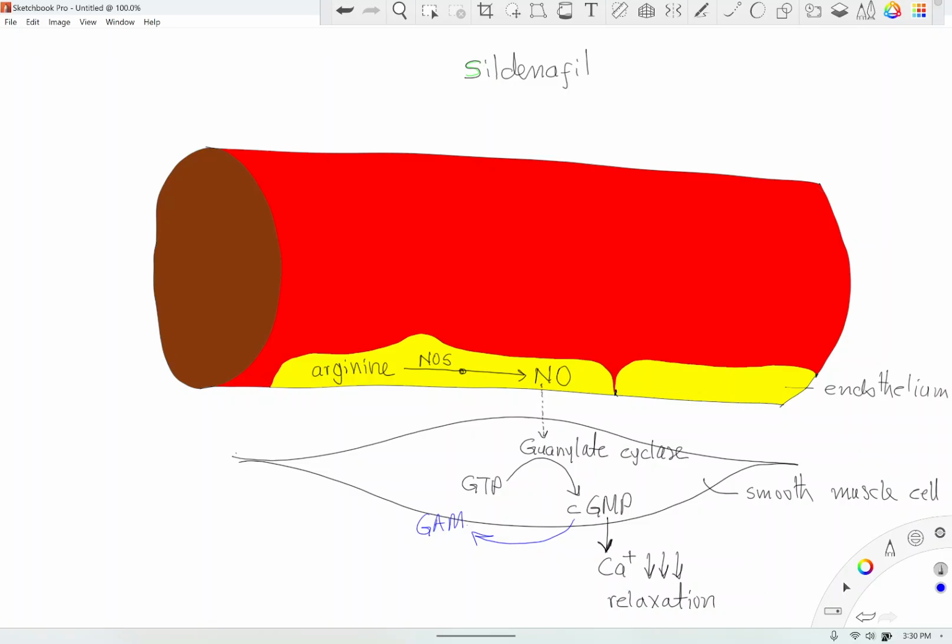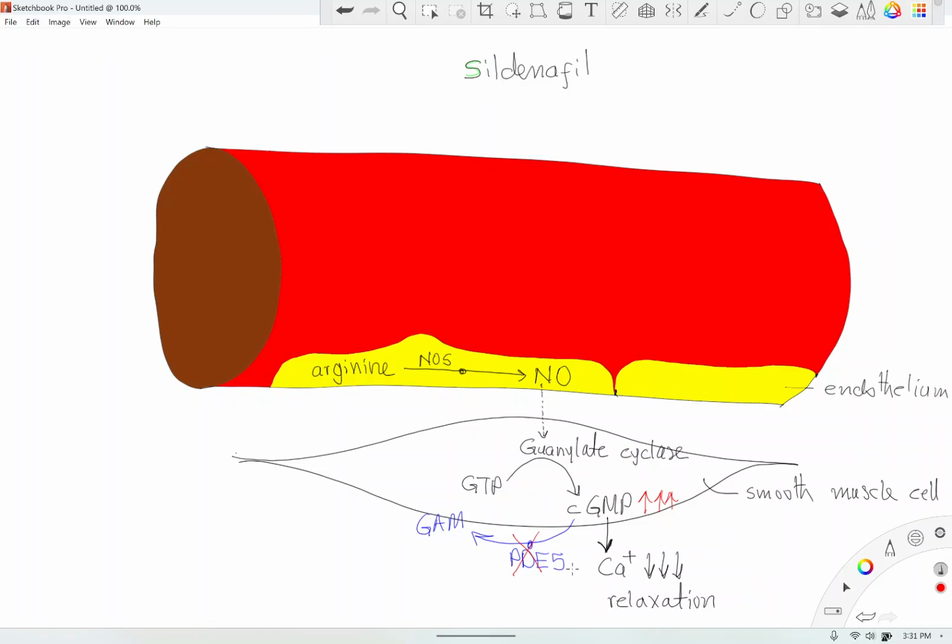We don't want that. That's where sildenafil will come. Sildenafil will come and block this enzyme. When it blocks the enzyme, cyclic GMP will increase and will stay high. You wouldn't be able to deactivate it or convert it to GMP. So as a result, the muscles of these blood vessels will stay dilated or relaxed. So it will maintain vasodilation.